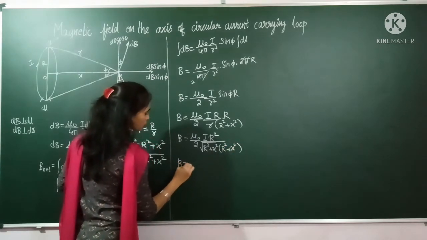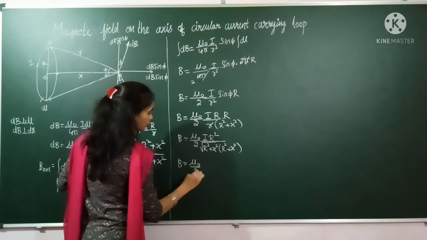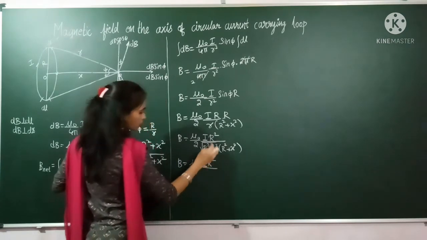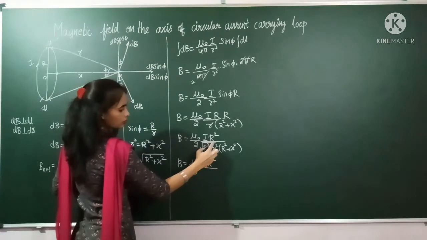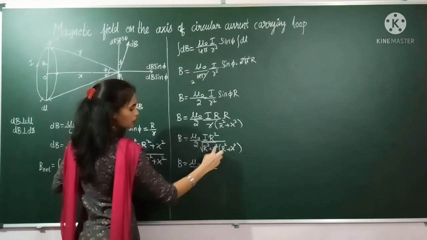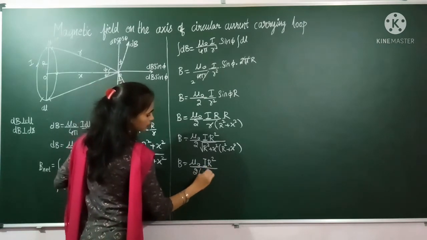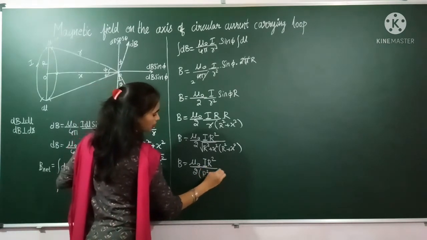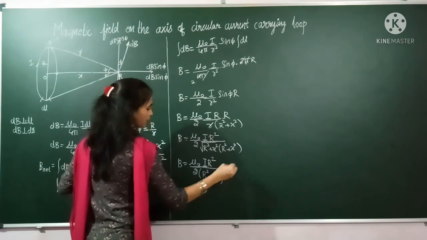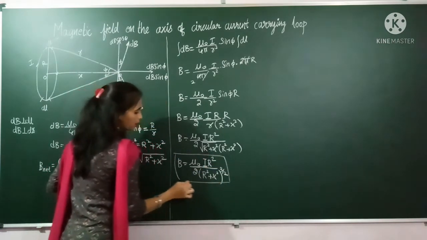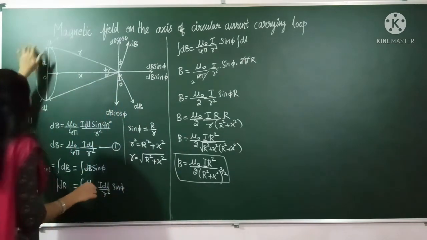So B is equal to μ0 divided by 2, I into R². This is a square root, and square root means 1 by 2, and this is 1, so 1 by 2 plus 1 will be 3 by 2. So we take (R² plus x²) to the power of 3 by 2. This is the magnetic field at the point P because of this circular loop.